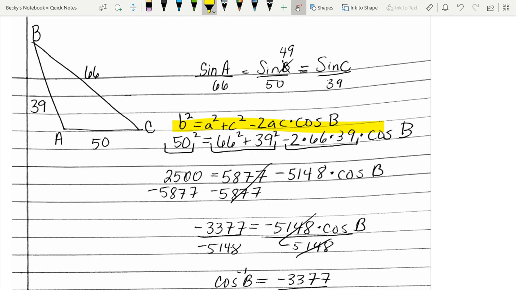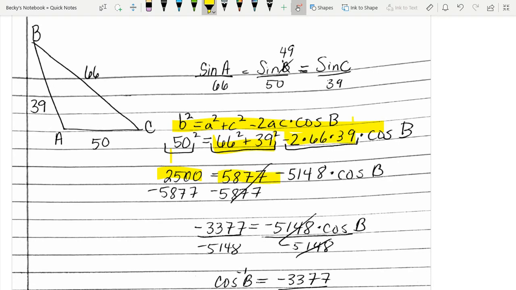So we have to eliminate everything else, like Algebra 1, and move everything over to the other side. The first step is to simplify. 50 squared is 2,500. Next little parenthesis, 5877. Double check me on this, guys.